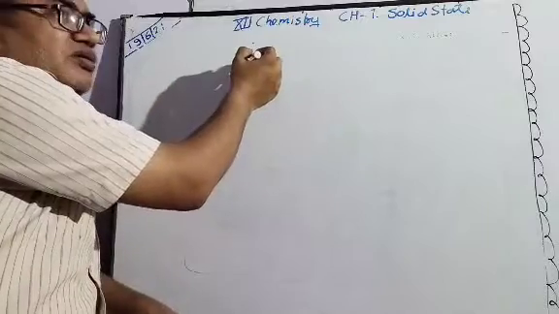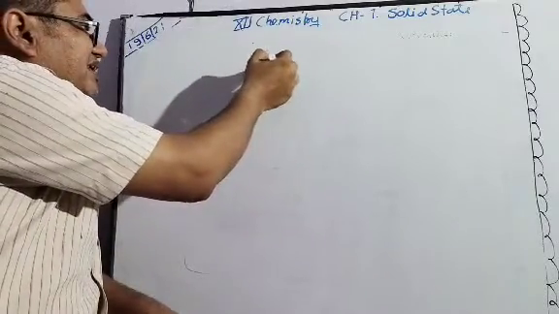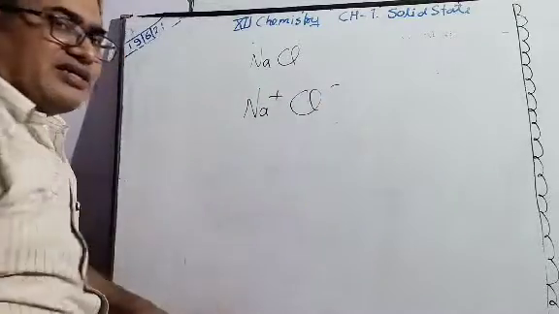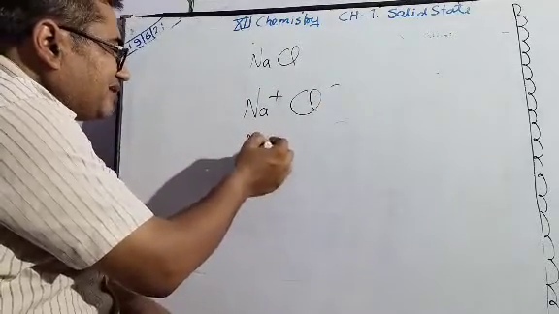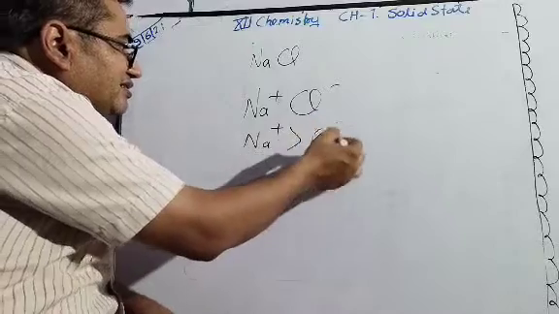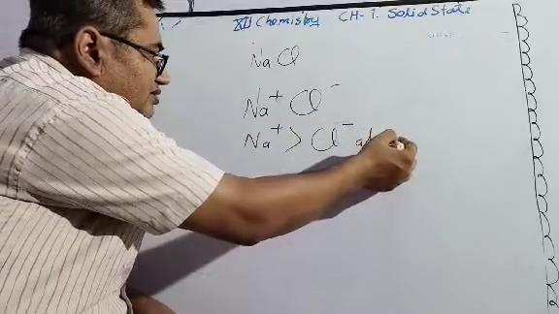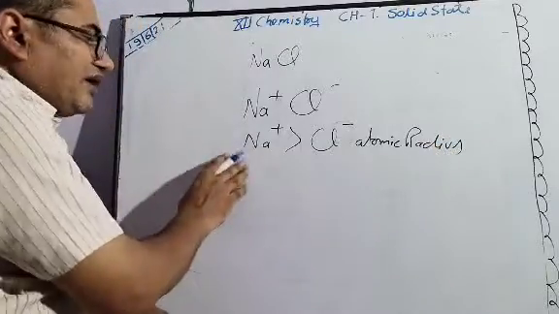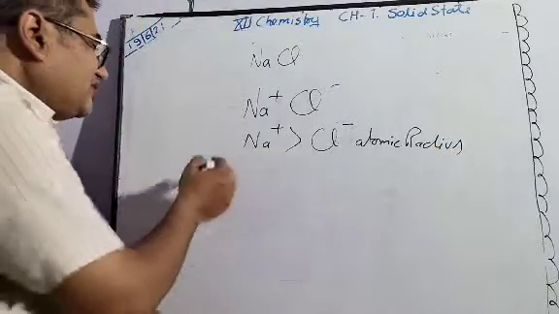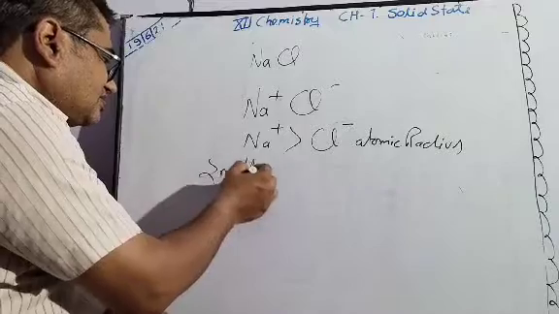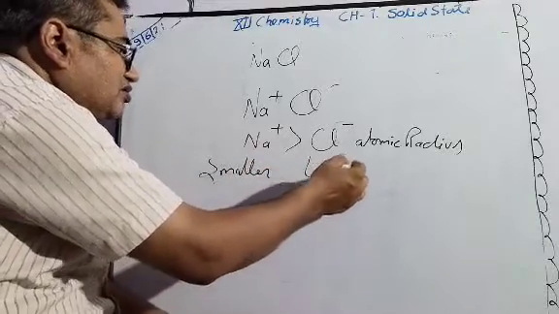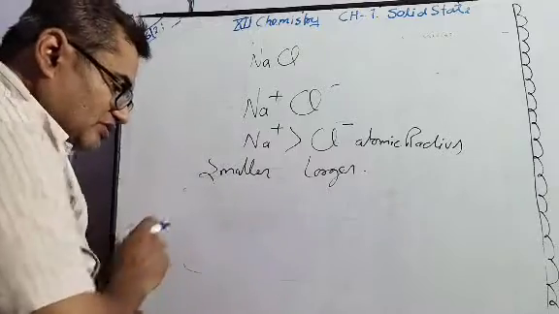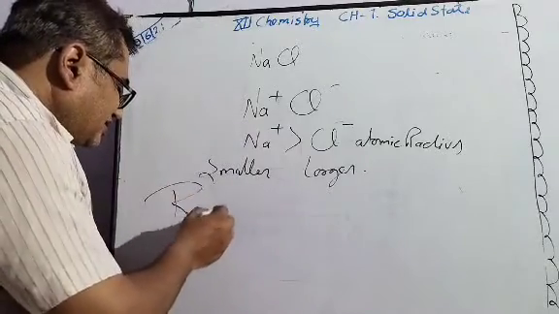If we concentrate on an ionic compound like NaCl, which is made up of Na plus ion and Cl minus ion, everyone knows that Na plus is smaller than Cl minus from the atomic radius point of view.